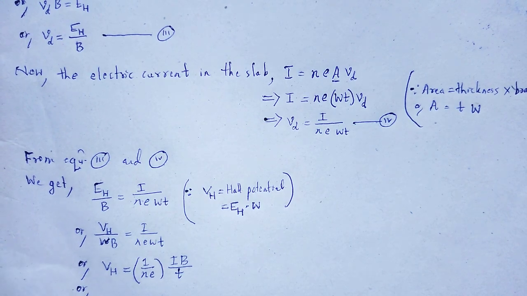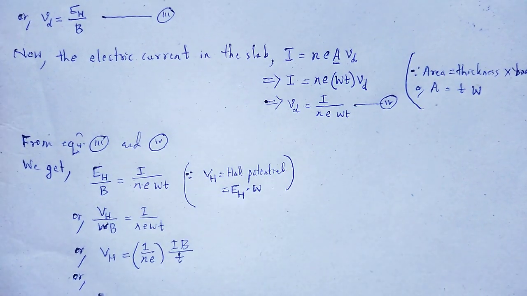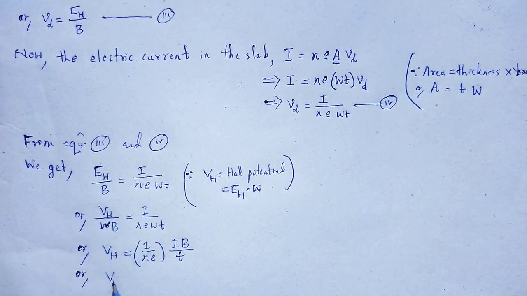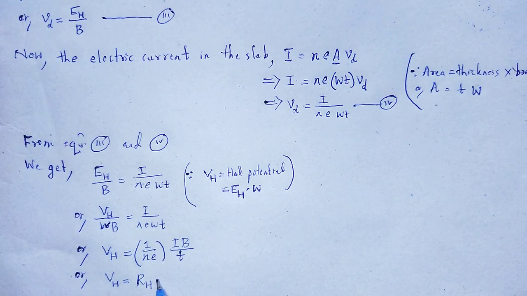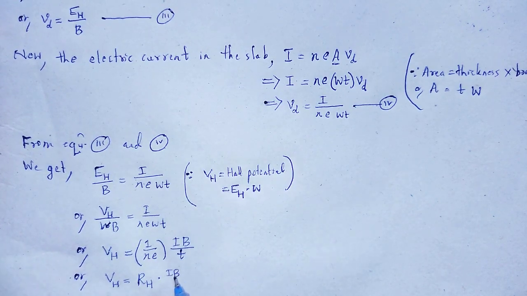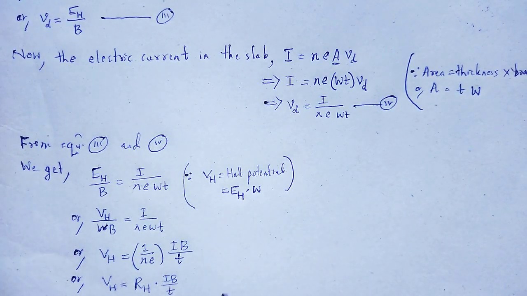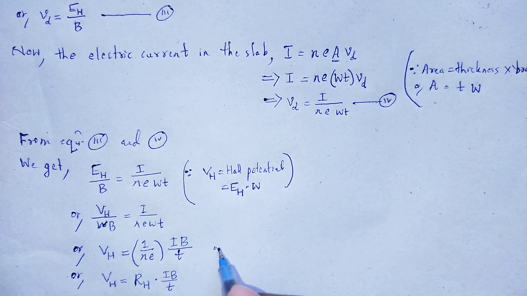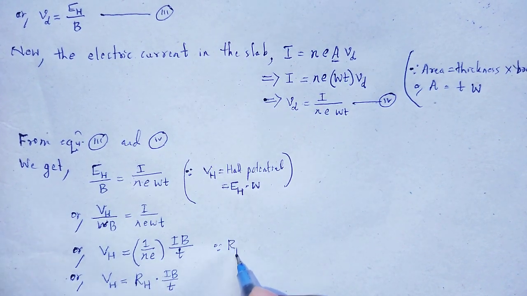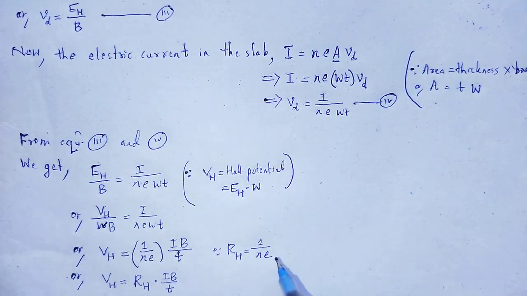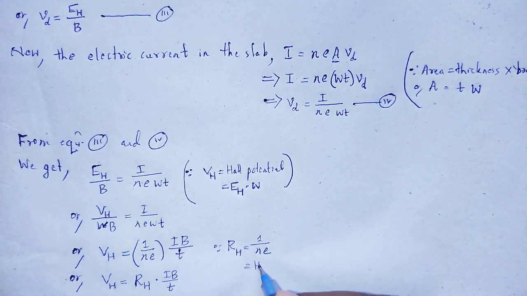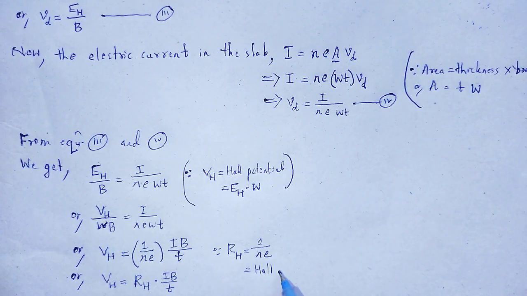Or V_H is equal to 1 by N e, that is R_H, the Hall coefficient, into I B divided by T, whereas R_H is equal to 1 by N e, that is the Hall coefficient.